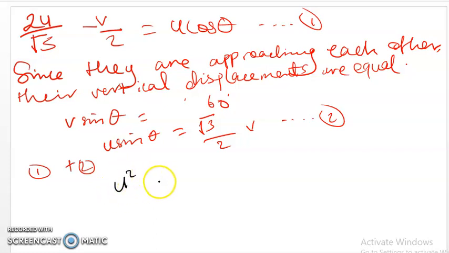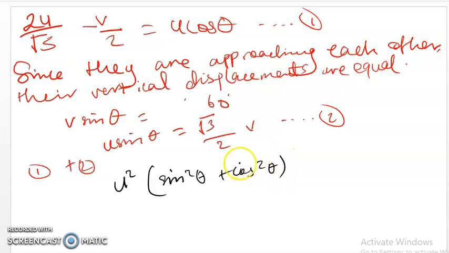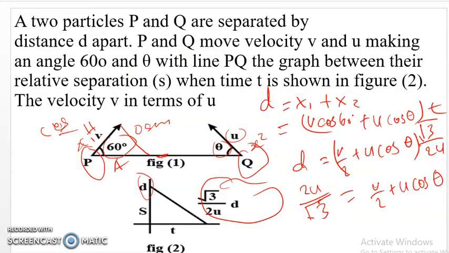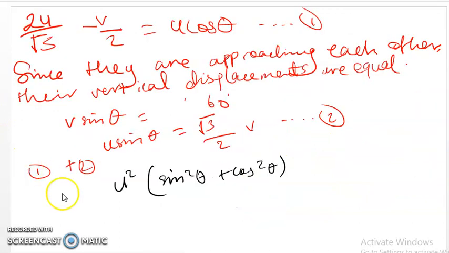u squared into sine squared theta plus cos squared theta. Remember how we calculated cos? We have v cos 60 plus u cos 60. So that's why here we're having u sine theta plus cos squared theta.